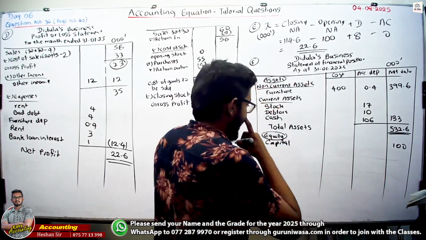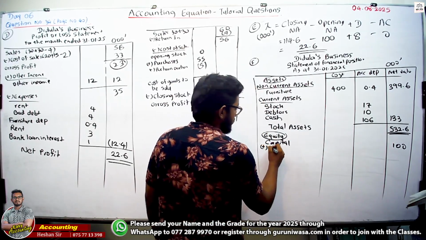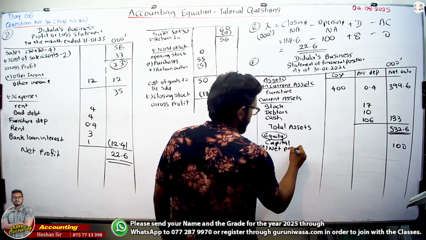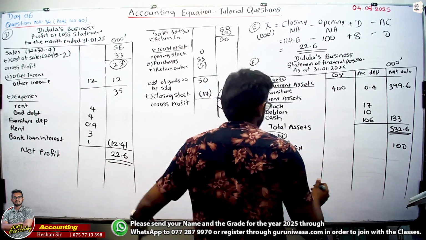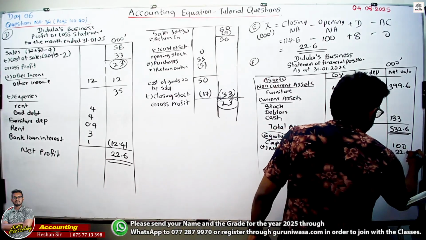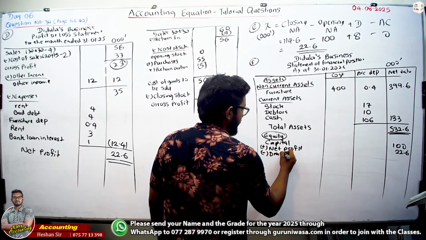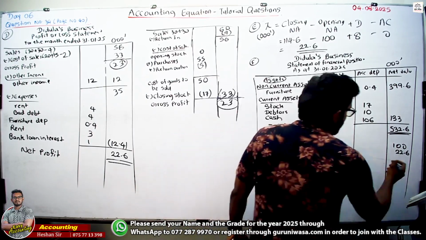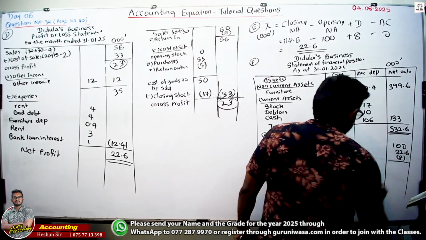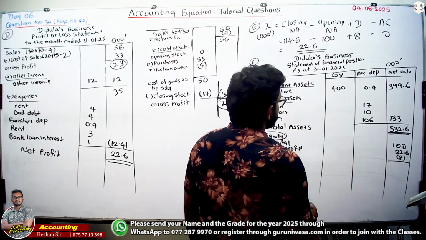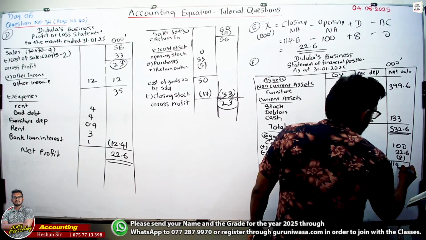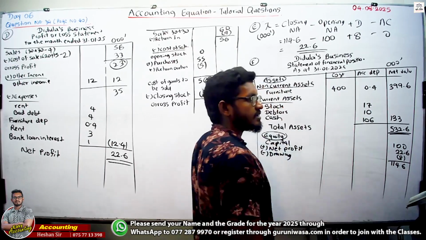Right? And the net profit we took as 22.6. And also, if owner withdrew something, we deduct it. Am I correct? So owner withdrew was 8,000. So then the closing equity we can take. Then you get 114.6. Understand?